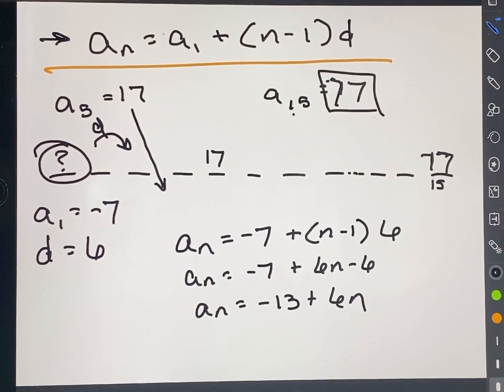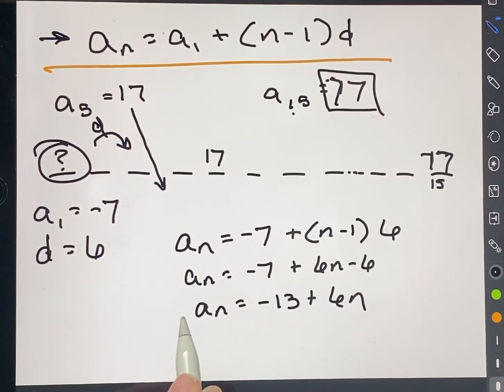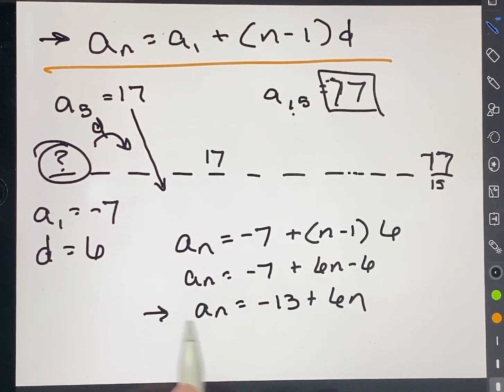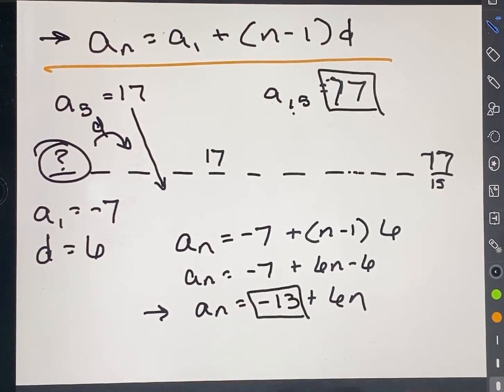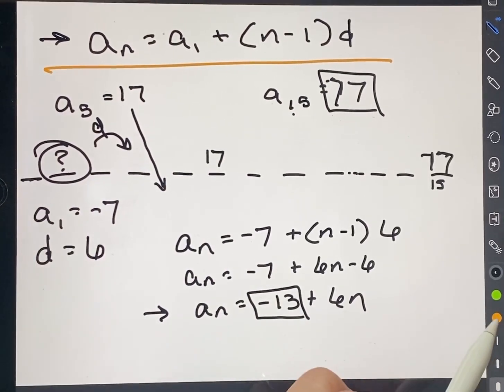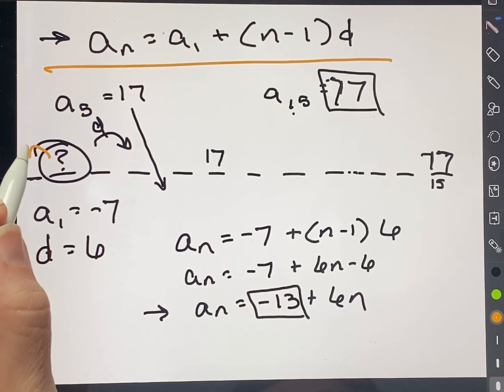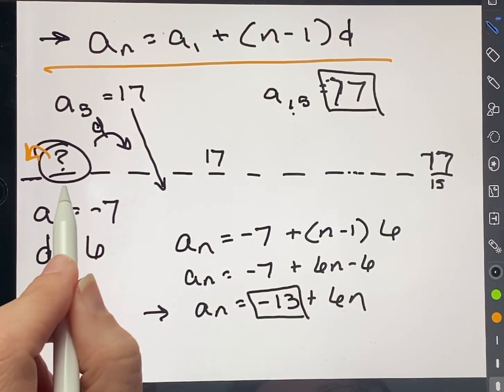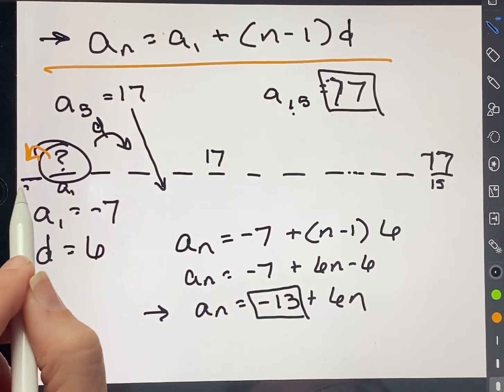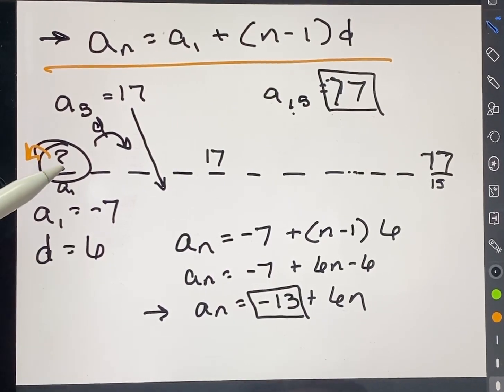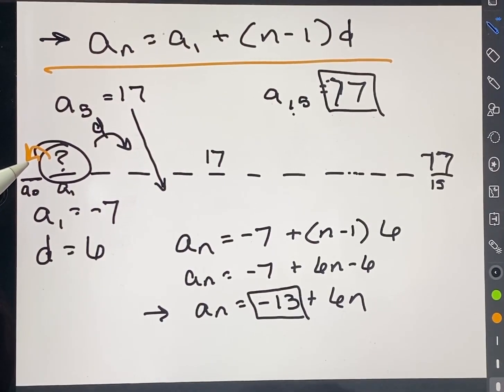Okay, what you might begin to notice is that once we get down to our simplified expression, we no longer have our a sub 1 term. What we actually have is the term right before it. So we've gone from a sub 1 to a sub 0. We've backed up one term.